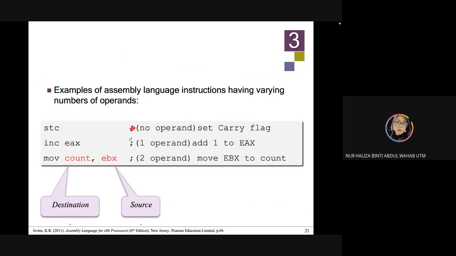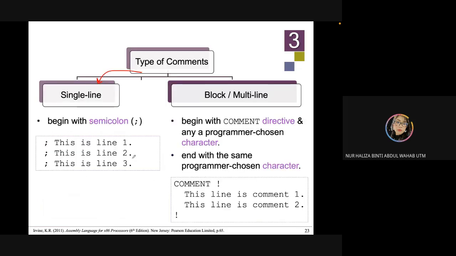Every line has a comment. So for a single line, you can write a comment by using the semicolon. After your semicolon, it will be your comment. So this is how you write a comment using a single line.